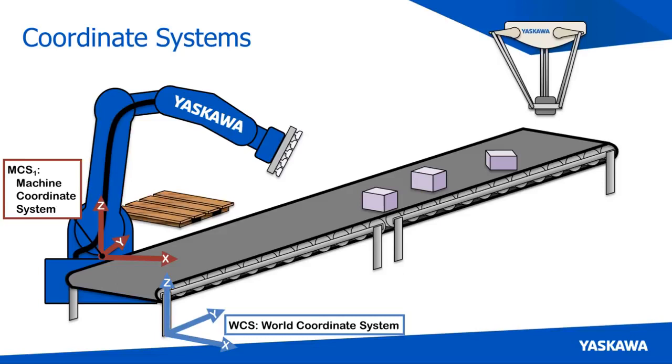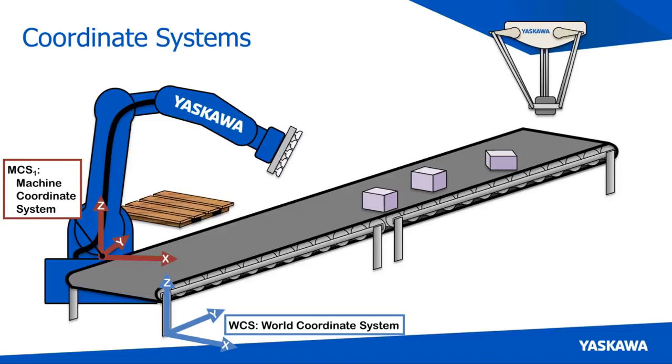So all of the other coordinate systems are going to be referenced in reference to this machine coordinate system origin. It's a little arbitrary about where it is in that it could still be anywhere in the room, but typically it's somewhere towards the base of the mechanism itself. So here we show it at the base of our robot, the machine coordinate system.